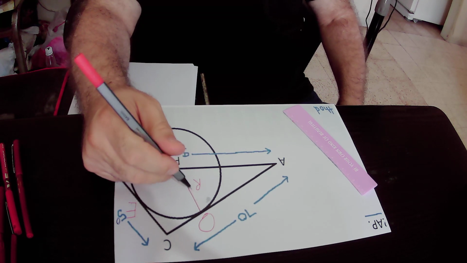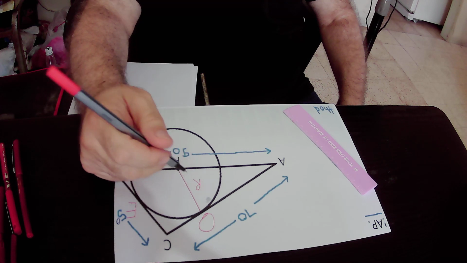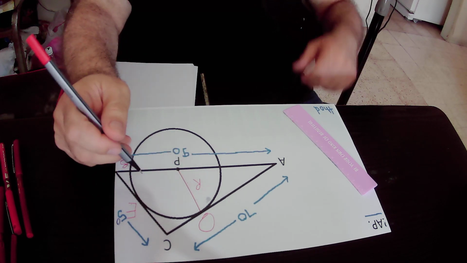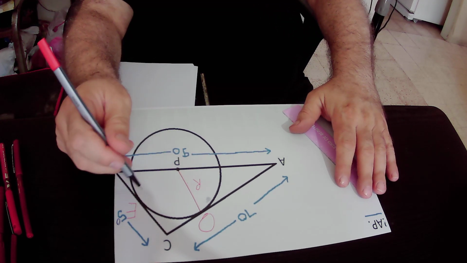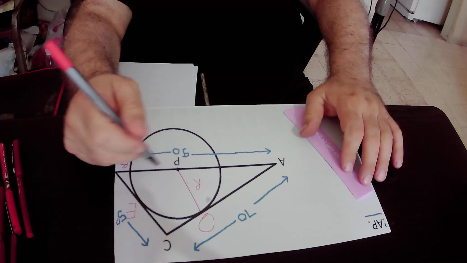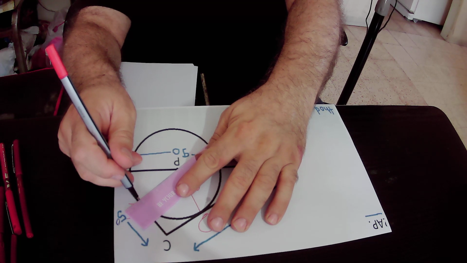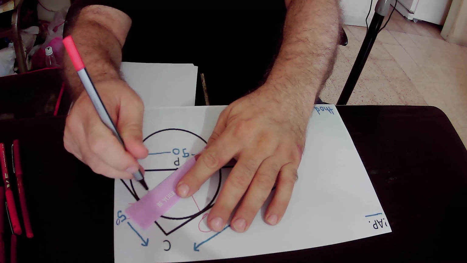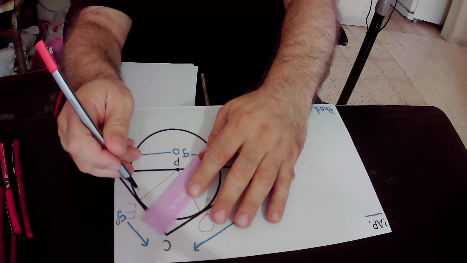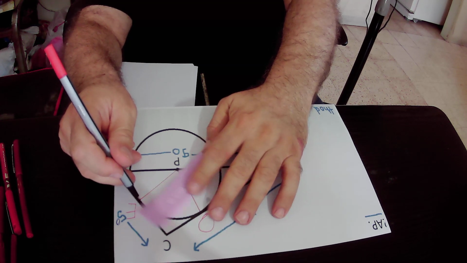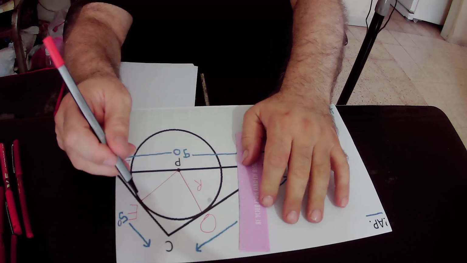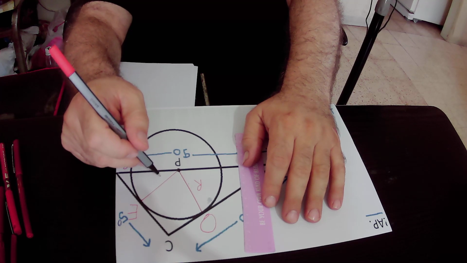So OP is the radius of the circle, and we will also connect points E and P together by a straight line. So line PE is also the radius of the circle.